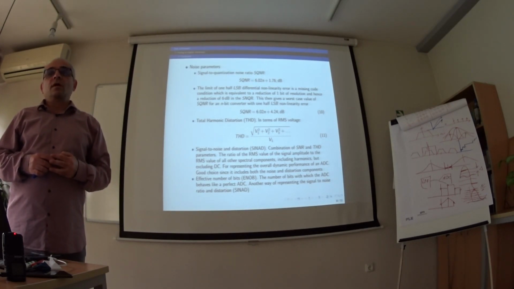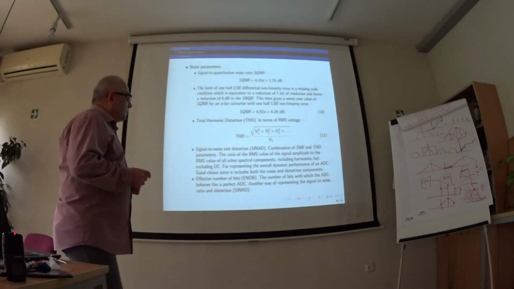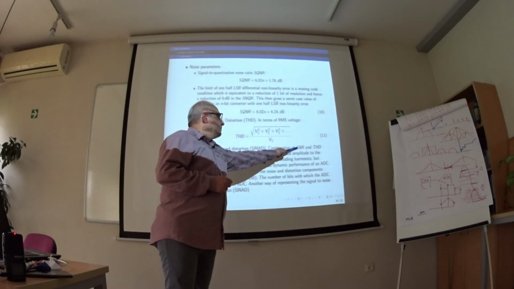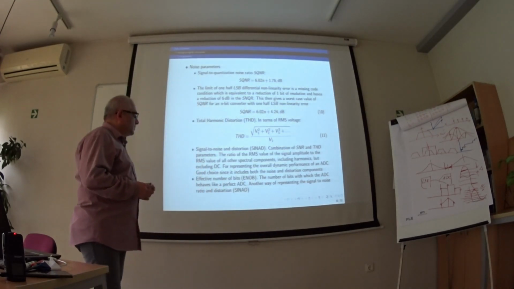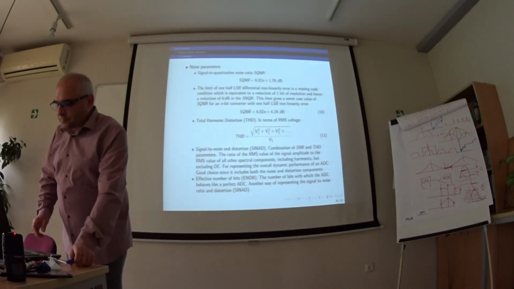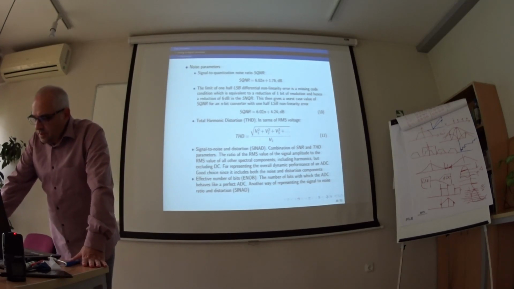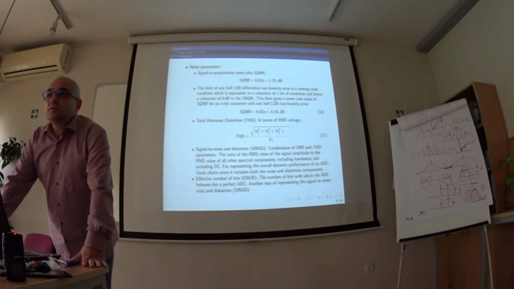For high resolution analog to digital converters, the white noise dominates over the quantization noise, and we have a difference here. This is just signal to noise ratio, and the effective number of bits. Those bits that are free of noise, in simple words.